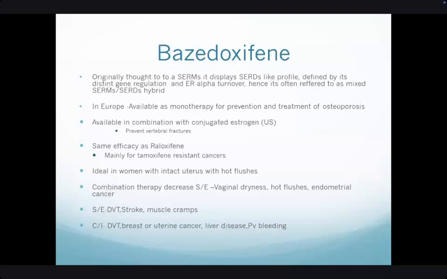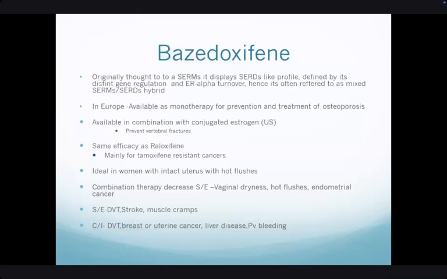And then in another group, we have bazedoxifene, which was thought to be a SERM, but it displays a SERD-like profile, a selective estrogen receptor disruptor, defined by its distinct gene regulation in estrogen receptor alpha turnover.